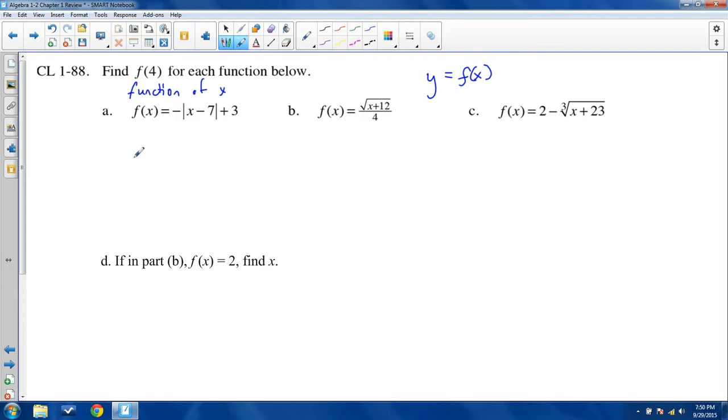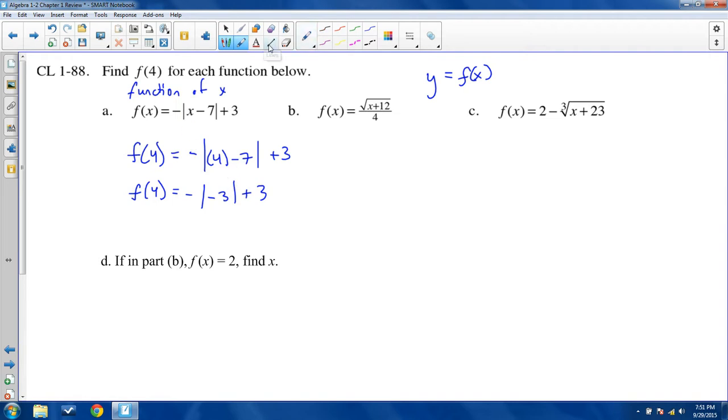So what I'm going to do for these, f of 4, I'm just going to substitute 4 anywhere I see x. Here it's in the absolute value right here. So let's go ahead and continue solving for that. F of 4 equals the opposite of 4 minus 7 is negative 3, then plus 3. Absolute value means distance from 0.